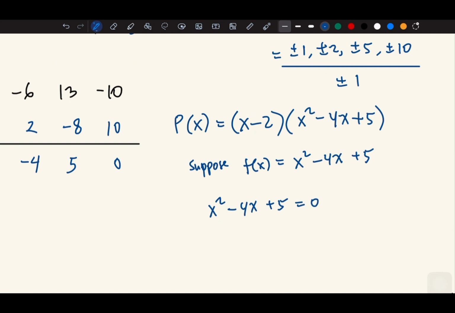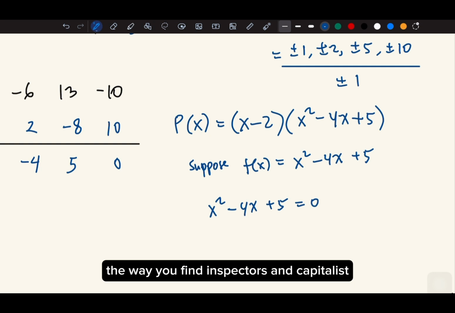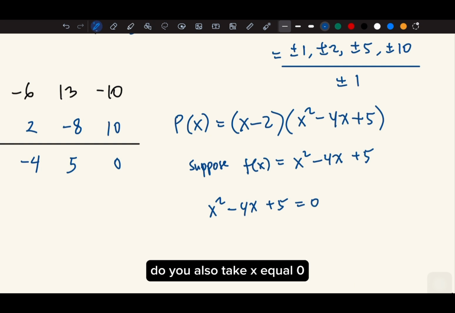It's really basic. What is 0? Yes, the intersection. That's really basic. The way you find it when sketching a curve in calculus is you also take x equals 0, y equals 0, and find whether the curve is going to cross some axis or not.